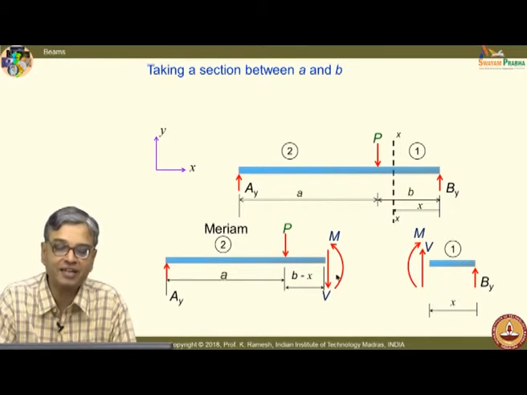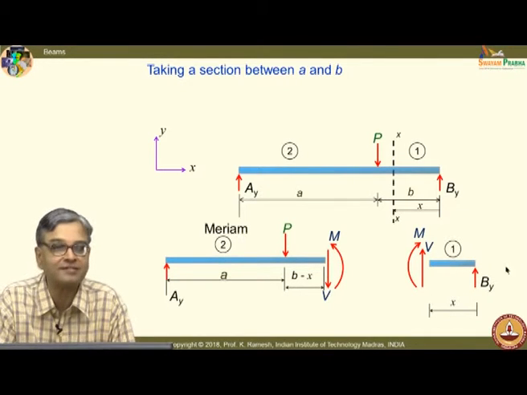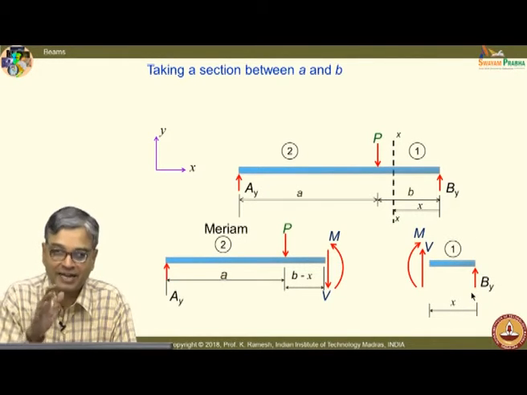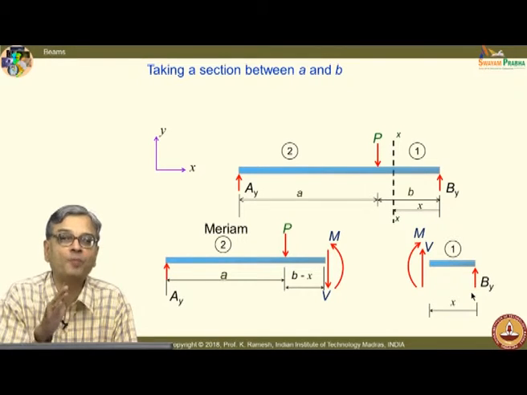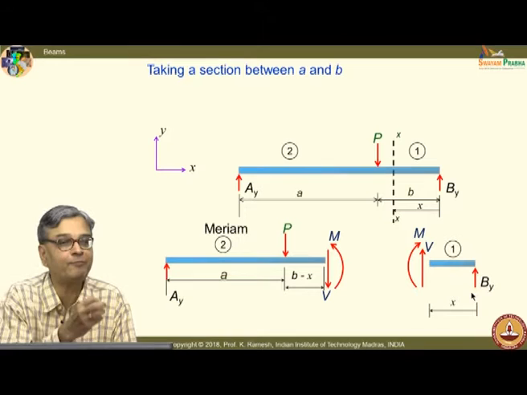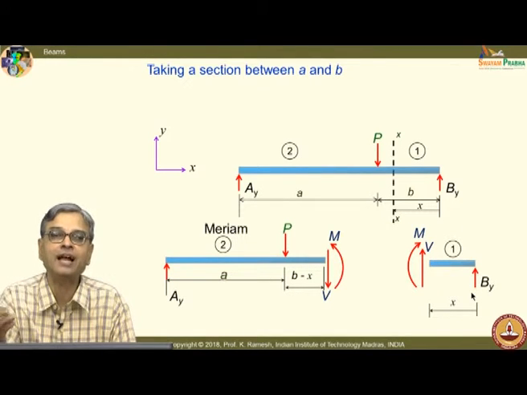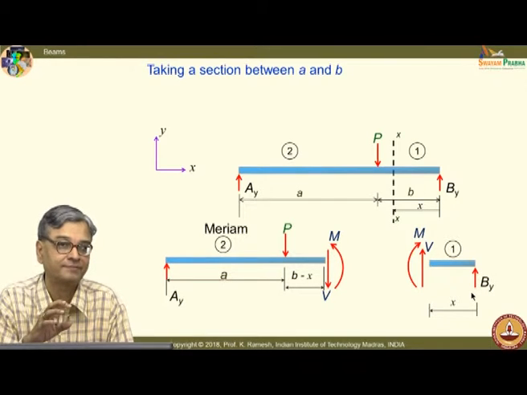Obviously, when I have to find out the forces, if you have these two choices, you would definitely choose this. The idea is, depending on the problem context, I must have the flexibility to analyze the left portion or the right portion at will. That is where the sign convention helps.